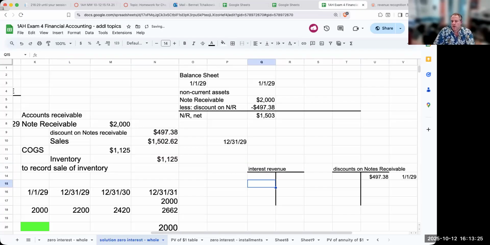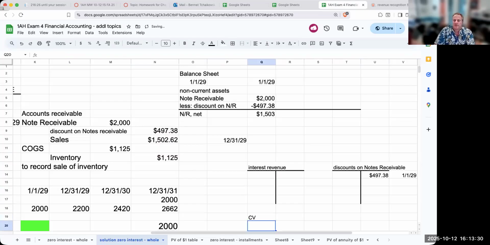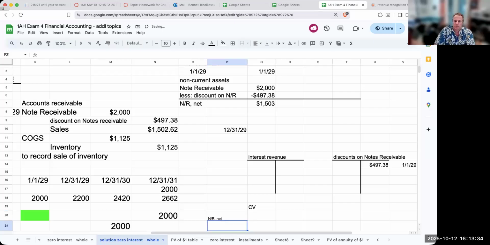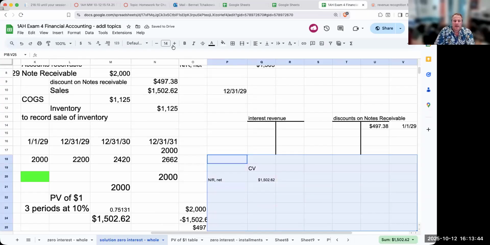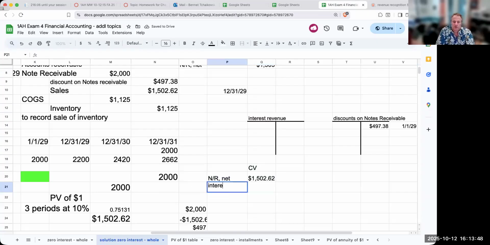And for the interest revenue, how much am I going to record? Well, I'm going to take the carrying value of the notes receivable net, and as of right now, as of 1/1/29, that is 1,502.62. I am then going to multiply this by my interest rate.